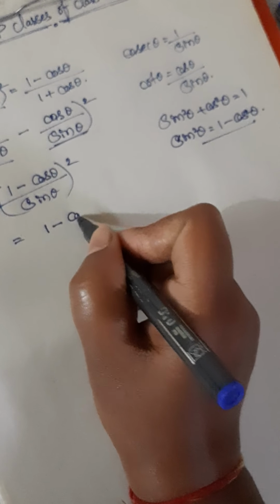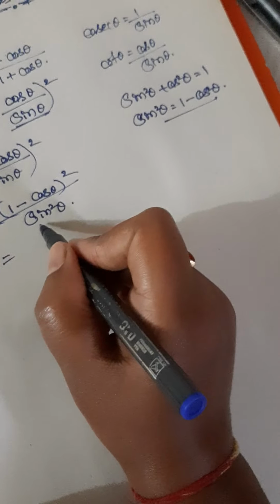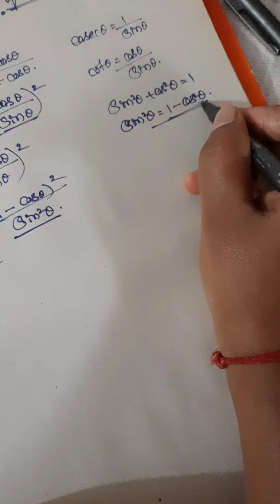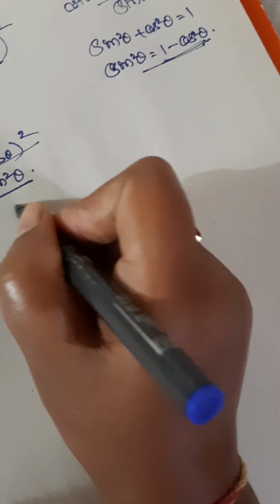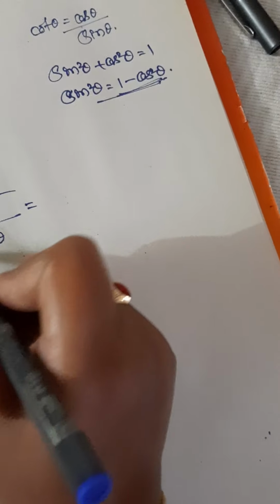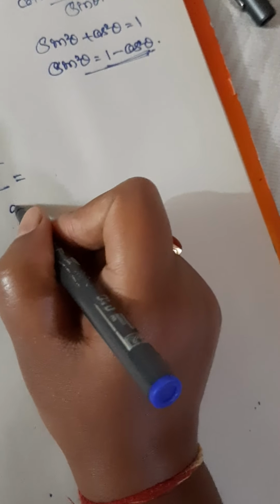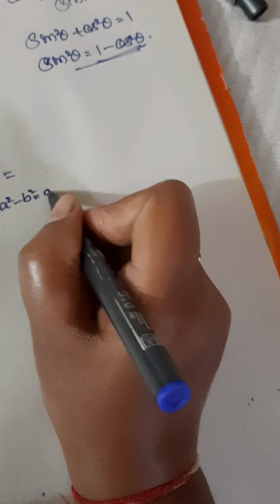So (1 minus cos theta) whole square divided by sin square theta. For this sin square theta, we can write this one. So (1 minus cos theta) whole square divided by (1 minus cos square theta). For this, how can we solve further? This is in the form of a square minus b square. So we can use the a square minus b square formula, (a plus b)(a minus b).